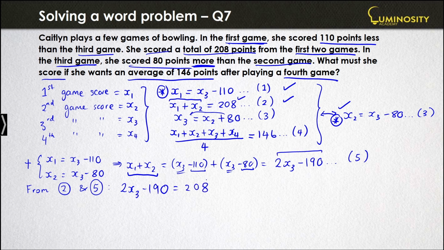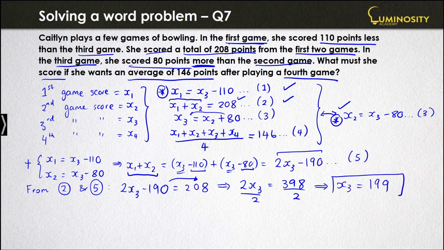So in doing so, I now have just one variable in this linear equation, which I can now solve for. So I add 190 to both sides, giving me 2x3 equals 398. And dividing both sides by 2, I therefore have x3 must be 199. So I've figured out the third game's score. It is 199.